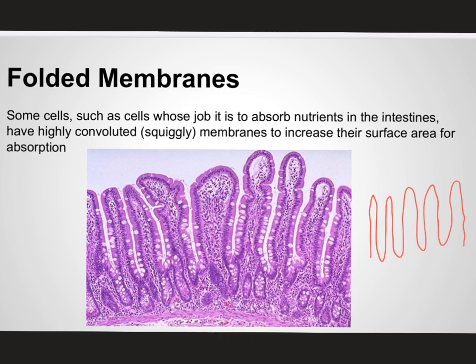The small intestines absorb nutrients, and the large intestines absorb water. So since the job of the intestines is to move stuff through that membrane, it makes sense that inside they have this very high surface area to more efficiently transport those nutrients inside.